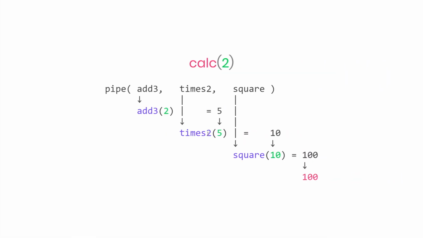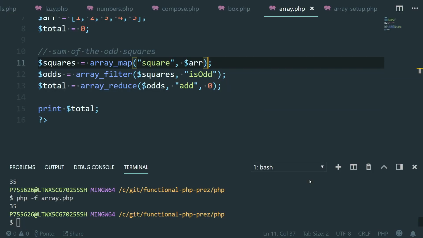So in the diagram, this looks just like our reduce diagram, because pipe is just reducing on an array of functions. We see 2 is our accumulator, add 3 would be our current item. We run that to get 5, that becomes our accumulator, and so on all the way down until we get our final result of 100. And so we can go back to our code here and try to use pipe to get these 3 functions to work together.